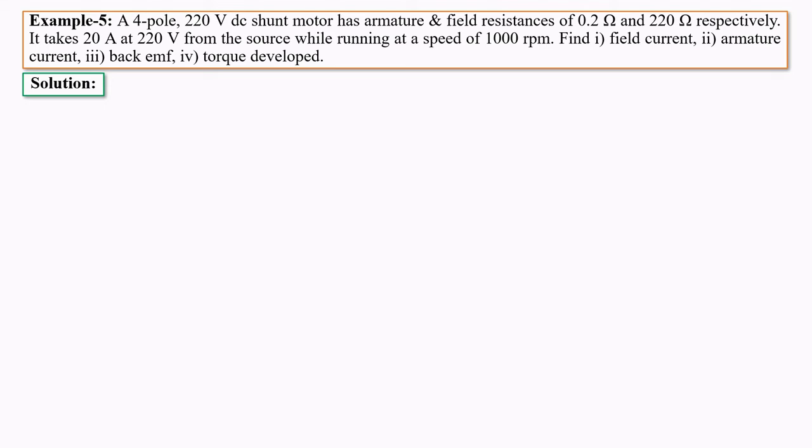So the solution here, given the supply voltage as 220 volt, line current, that is IL, is 20 ampere, armature winding resistance RA is 0.2, shunt field winding resistance is given as 220 ohms, and the speed of the rotor is given as 1000 rpm.